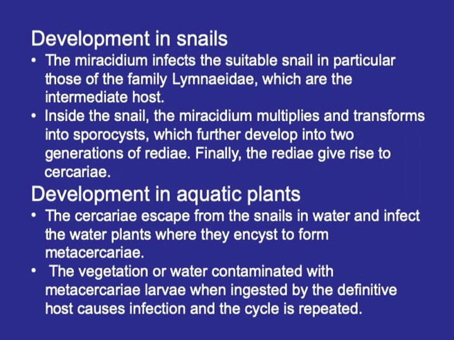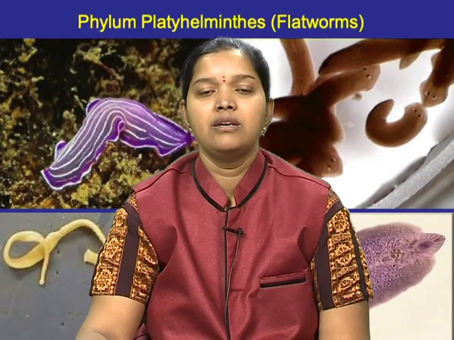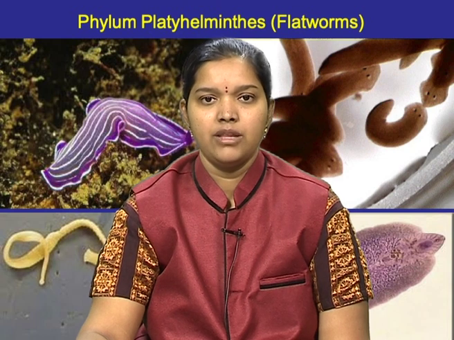When they contaminate these aquatic plants, they encyst themselves to form metacercariae. So, this metacercariae is the actual infective form of Fasciola hepatica. It enters the host, that is sheep or human being. Again through the sheep or human being, through feces, this enters the water and the cycle continues.